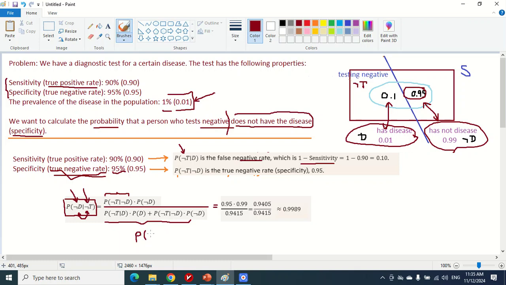The probability of getting a negative test is equal to this expression: the probability of getting a negative test, given that the person has the disease, times the probability of having the disease, plus the probability of getting a negative test if the person does not have the disease, times the probability of not having the disease. This value can be calculated by the following expression, and the result is approximately 0.99. This means that the accuracy of this test is 0.99.